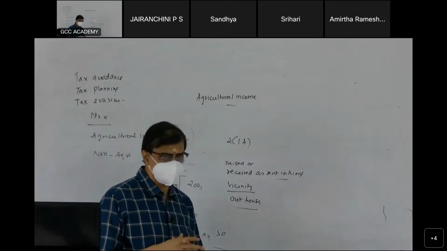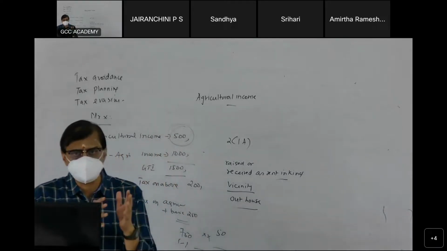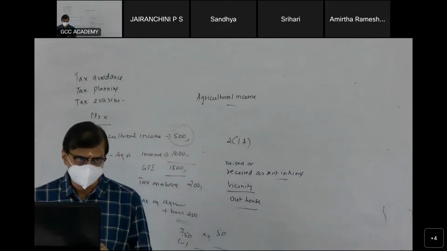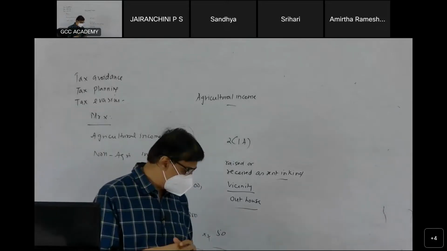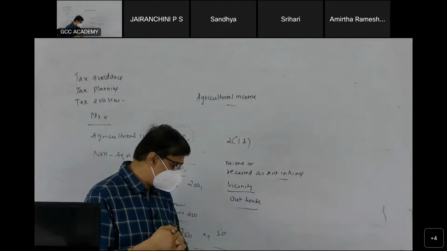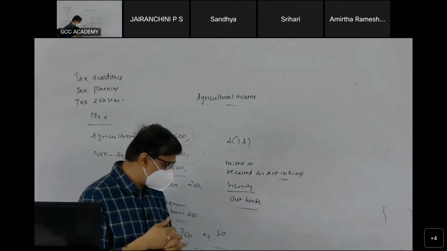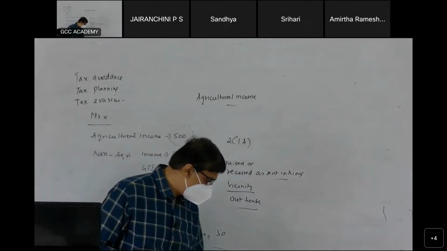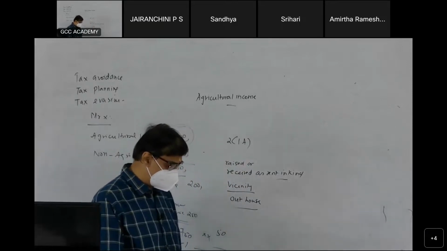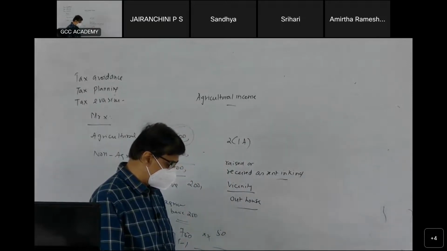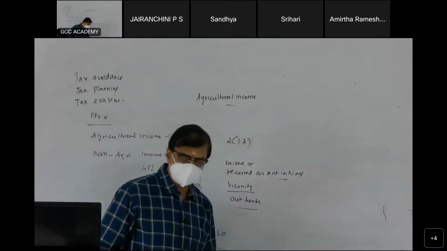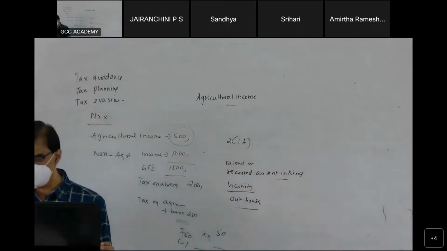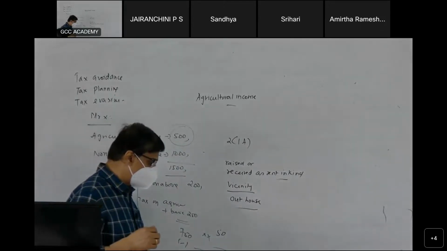Now coming to this partially agricultural, partially non-agricultural. Now make a very important, அடிக்கடி எக்ஸாம்ல வரக்கூடியது, make a note. Tax treatment of income which is partly agricultural and partly from business.